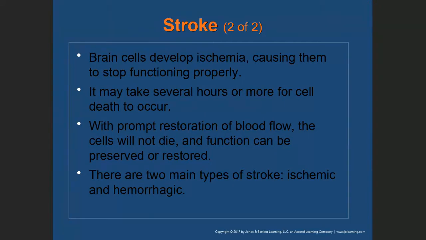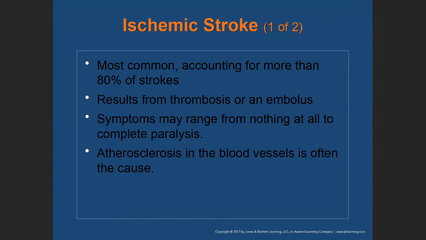There are two main types of stroke. You have ischemic stroke, which is caused by a clot, and you have hemorrhagic stroke, which is caused by a blood vessel rupturing inside of the head or brain. Ischemic stroke is the most common, accounting for more than 80% of strokes.